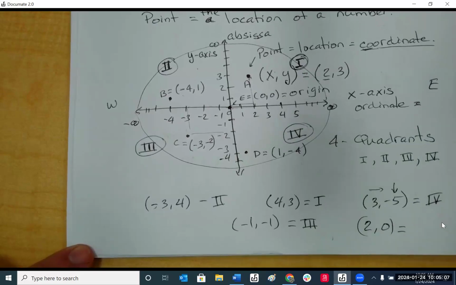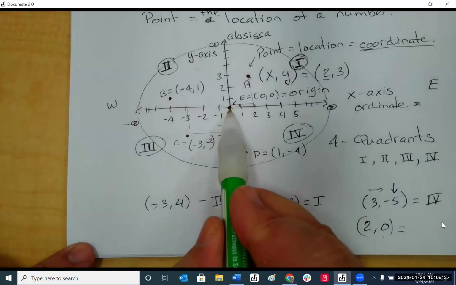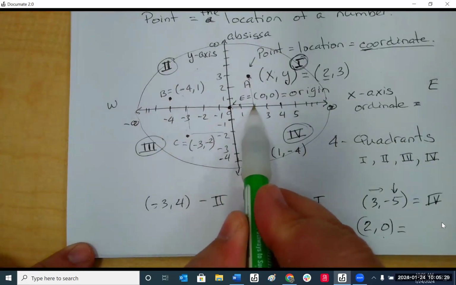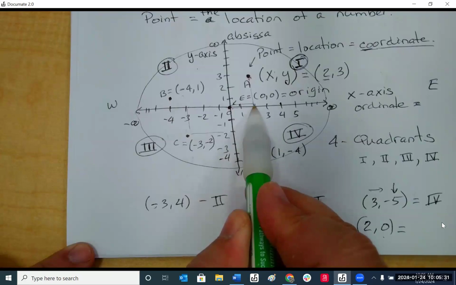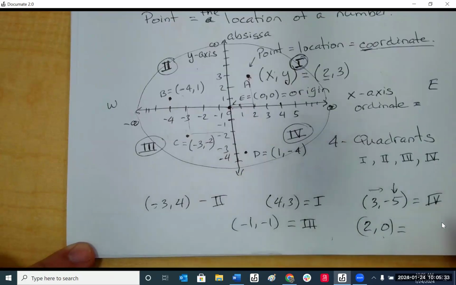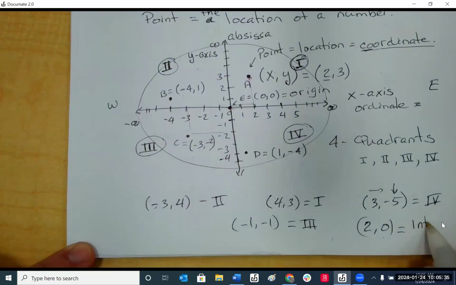How about that point? 2, 0. Where is 2, 0 at? If you go from the origin, you go 2 to the right. It's right there. Is that in a quadrant? No. These are what we call interquartile.